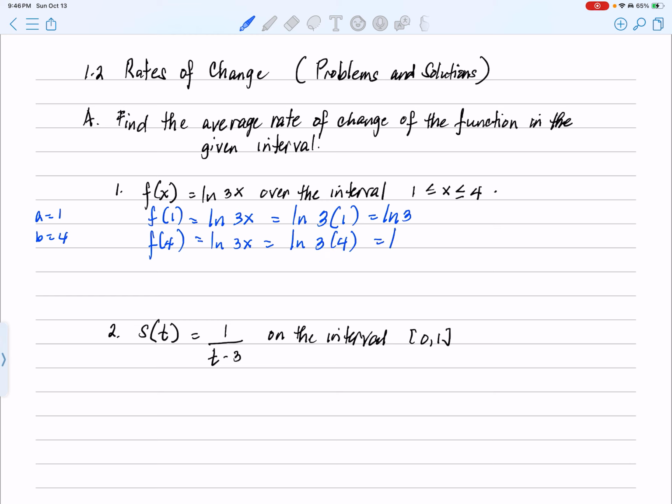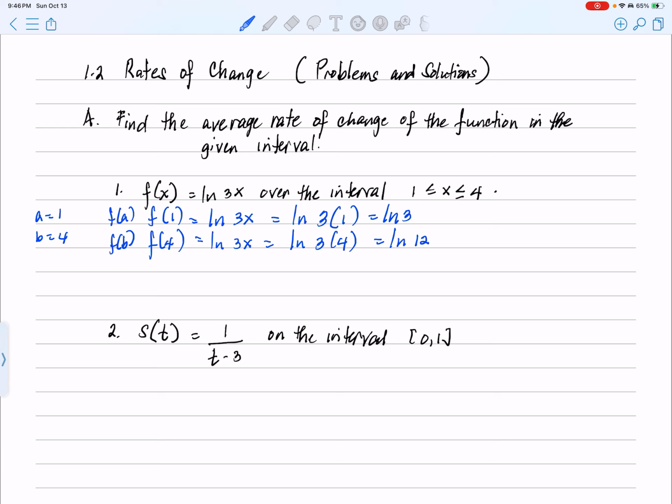That is the natural log of 12. So in other words, coming from the formula, this is f of b, and this is f of a. When I plug in the value of a, I come out with the result.